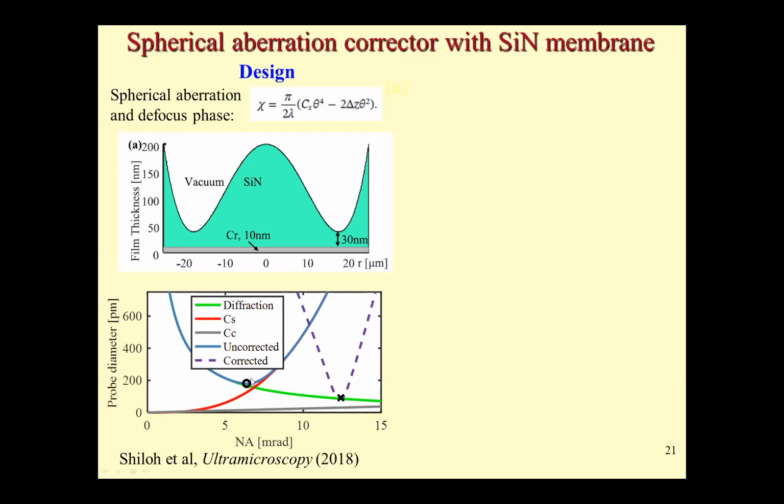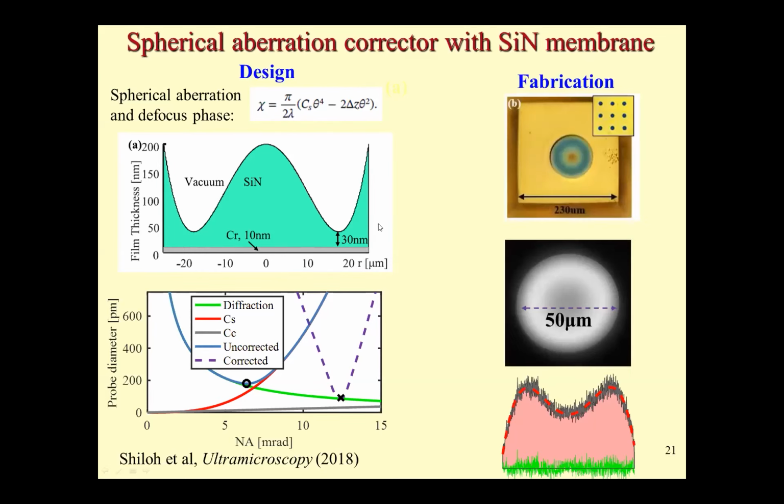There is some optimal point. In the microscope we work with, this is around 180 picometer. What we want to do now is correct the spherical aberration. So let's say we correct it for this point. Now we go from this point, which is around 180 picometer, to about 100 picometer, a little bit more than that. And to achieve this, this is the way the corrector should look like.